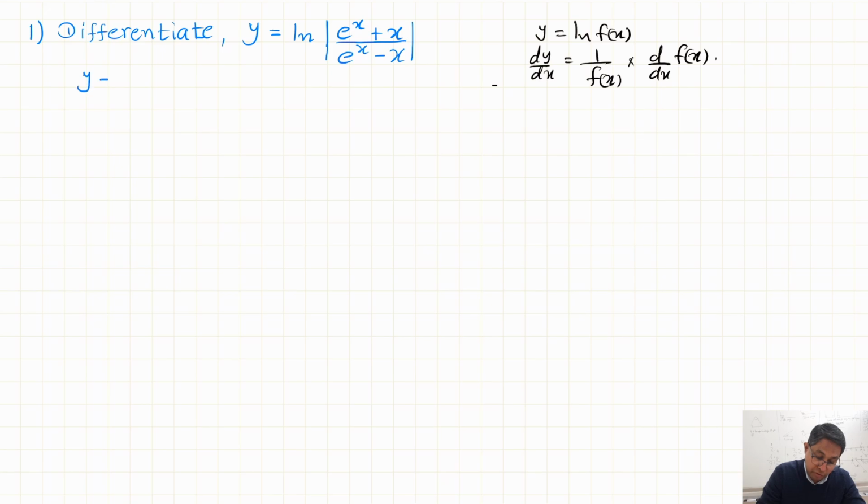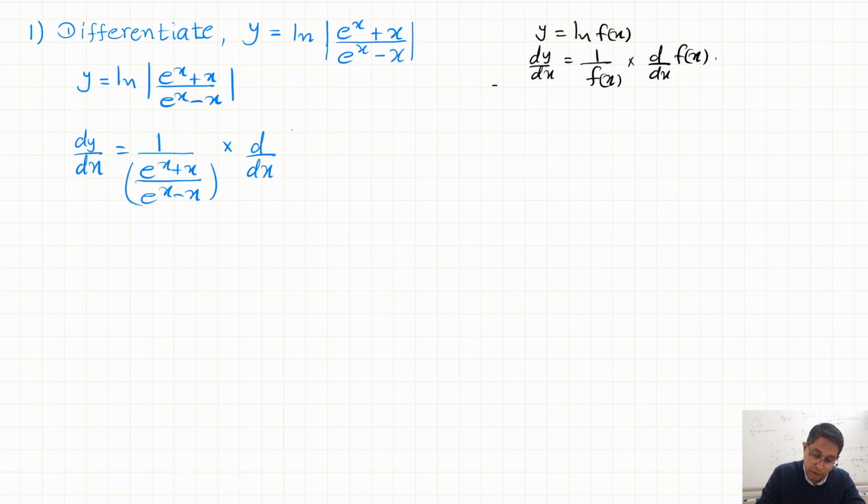Now you can differentiate this function. You can write dy/dx equals 1 over this function times the derivative of this function. When you take 1 over this function, you can write it as (e^x - x)/(e^x + x).